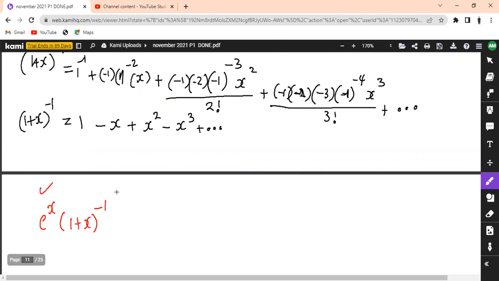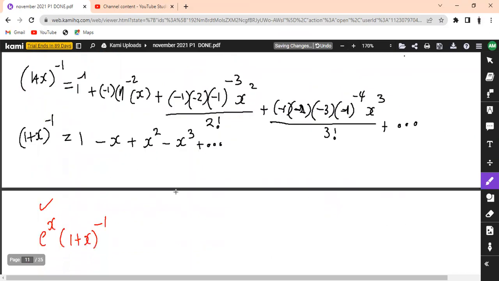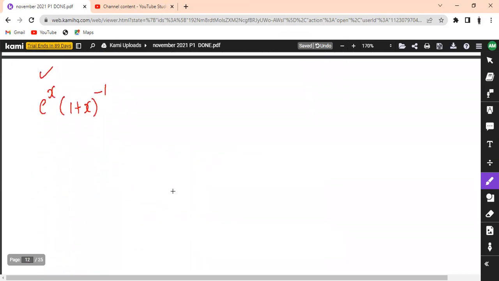So e to the exponent of x gave us this expression: 1 plus x plus x squared over 2 plus x to the exponent of 3 over 6.